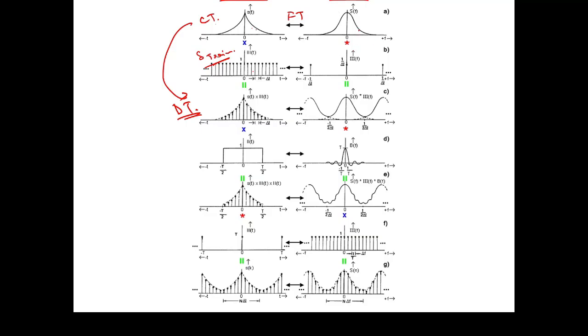If you look into the frequency domain, we have the frequency component of the signal. The Fourier transform of an impulse train is also an impulse train. It would be something like this.